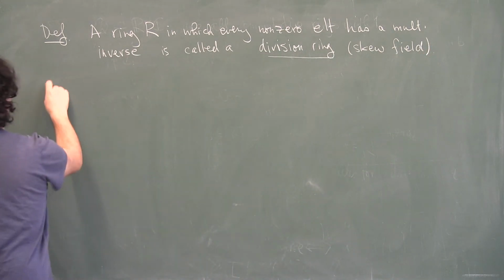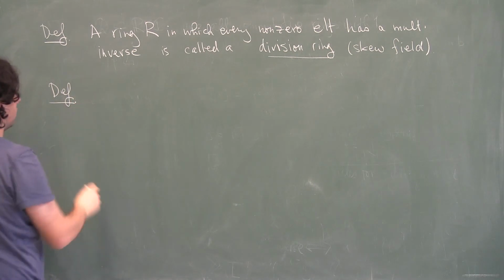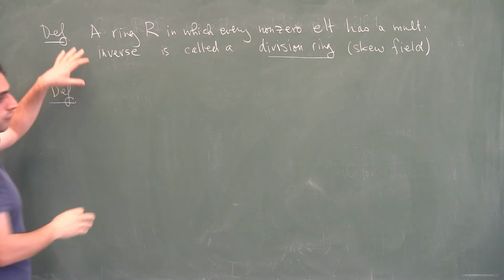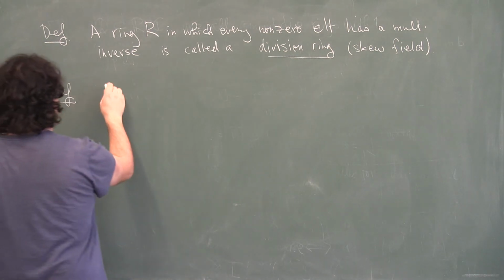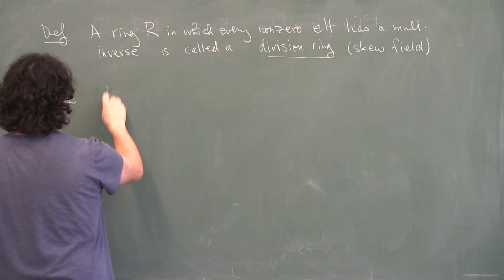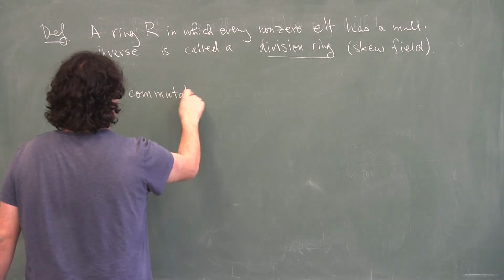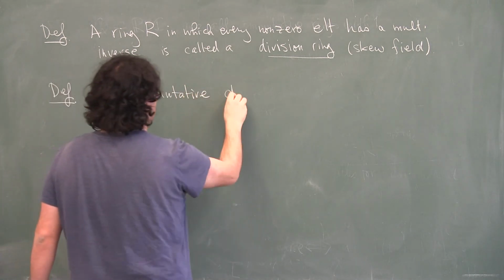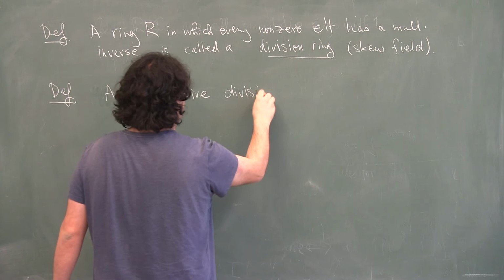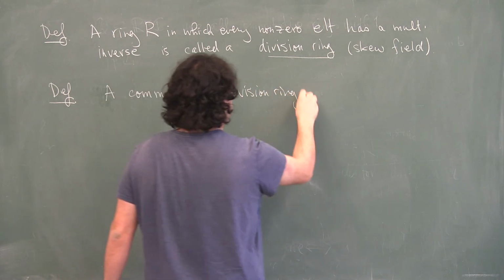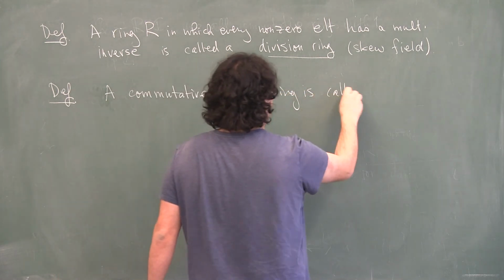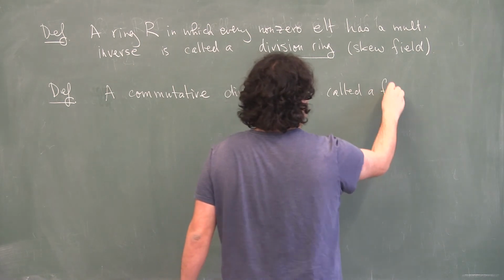And then what is more important for us in this course is that a commutative division ring is called a field.